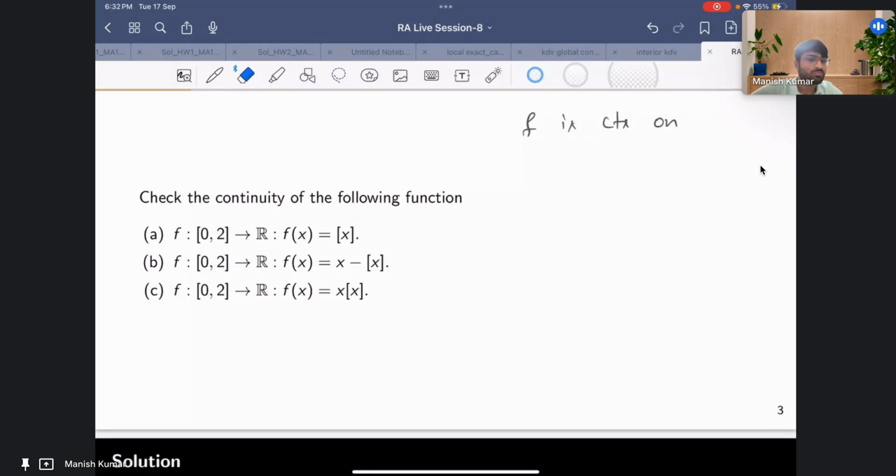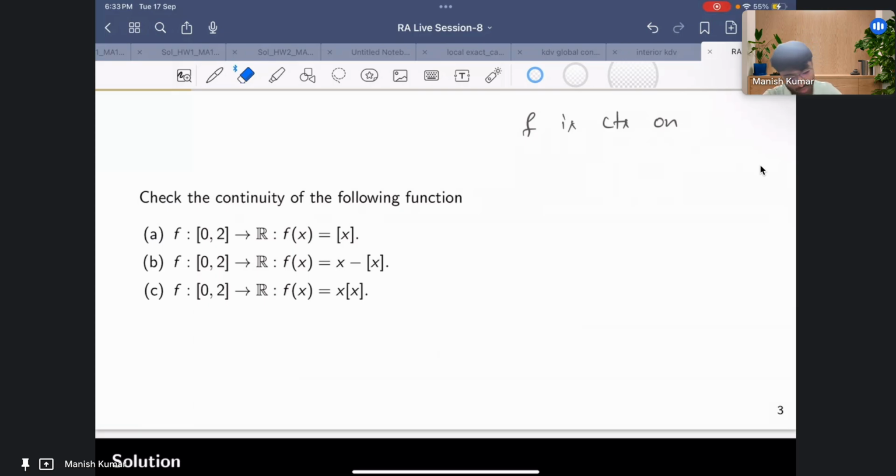So continuity is a pointwise property. This is the first thing. The second thing is that in this question I just mentioned check the continuity. That means you have to check at what point it is continuous and at what point it is not continuous. This is what I mean.